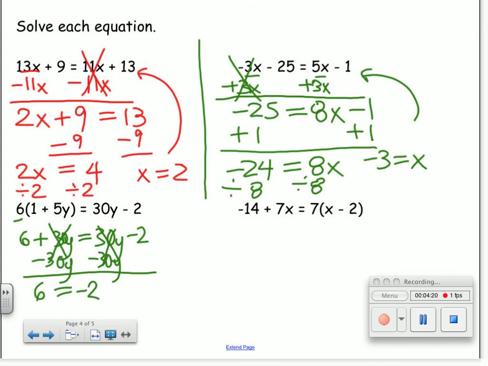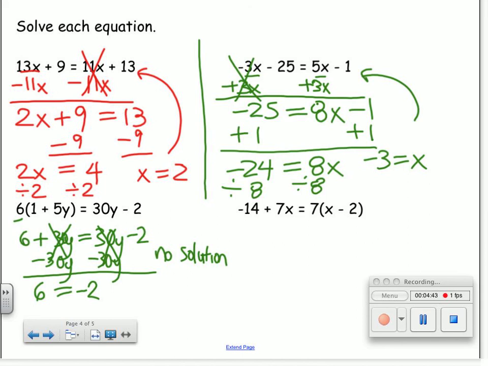So in this case there is no solution. That's a special case, because I can never have 6 equal to negative 2. No matter what value I put in for y, it's not going to work.